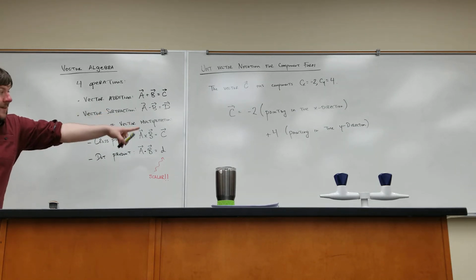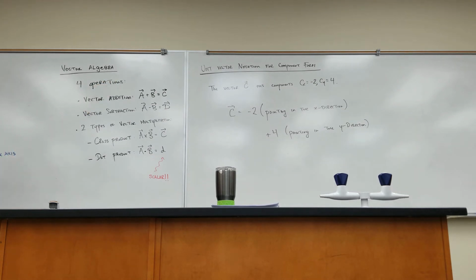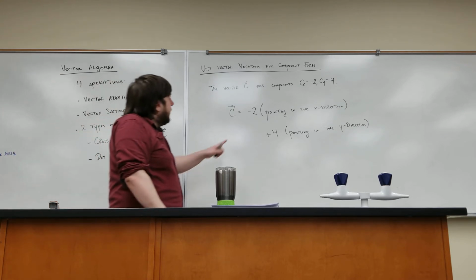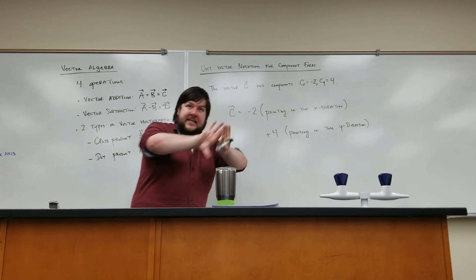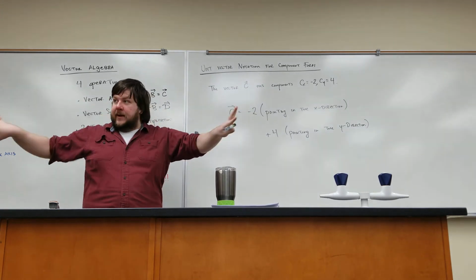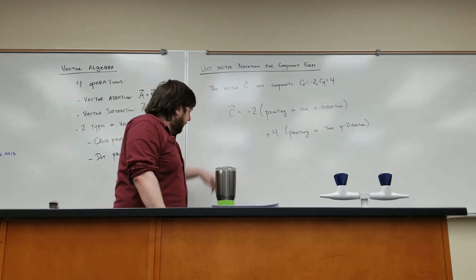Because if we add those two numbers, -2 plus 4 equals 2. 2 is a number that has nothing to do with the vector C. The vector C's magnitude is not 2, neither of its components are 2. So if you do 4 minus 2, you get a number that's irrelevant. So we need something here to tag these numbers so that we keep them distinct. We keep them separated. And we use the concept of these unit vectors to do this.